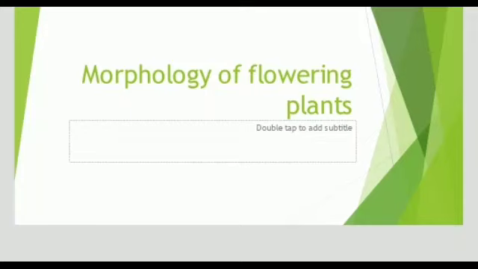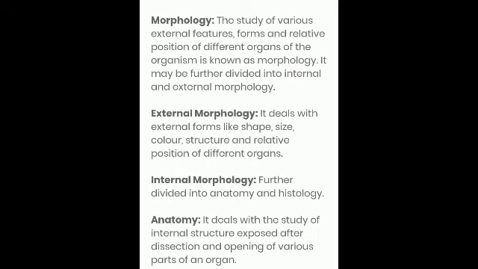Good morning, students. Today we are going to start a new chapter, Morphology of Flowering Plants. Morphology deals with the study of form, structure and relative position of different organs. It may be external or internal.